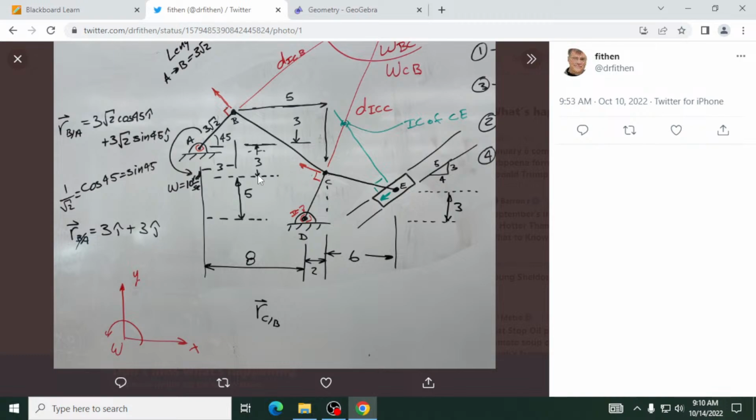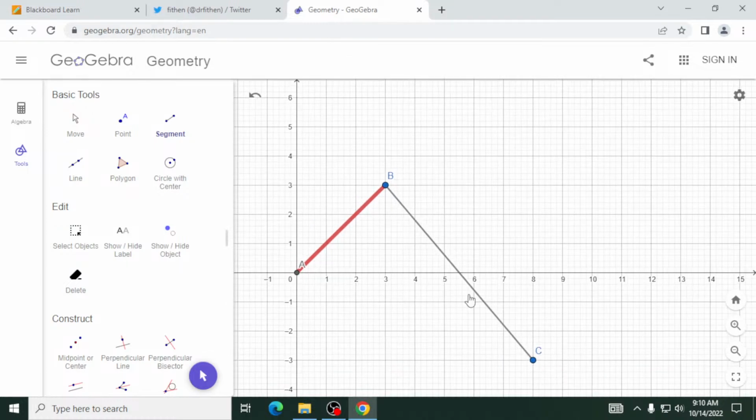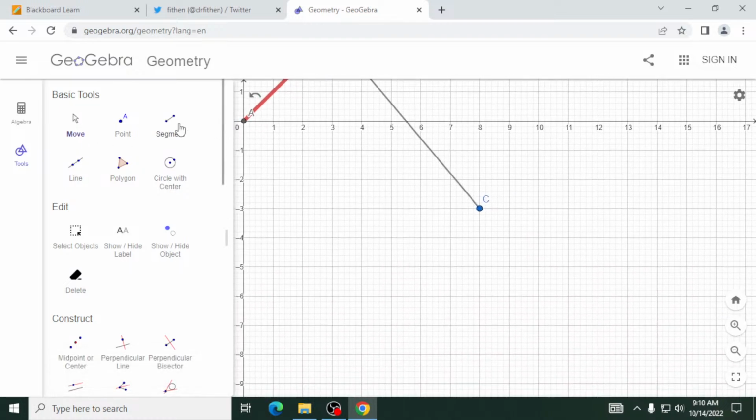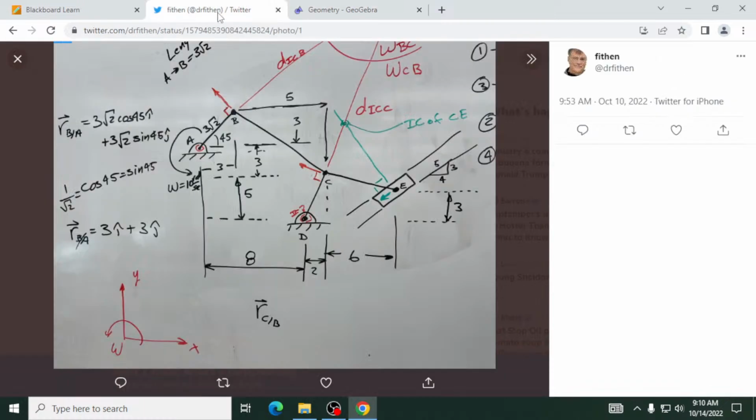I guess that's okay. Then C to D goes back 2 and down 5. So here, let me go back 2 and down 5. 1, 2, 3, 4, 5. So it looks kind of odd, but that's okay.